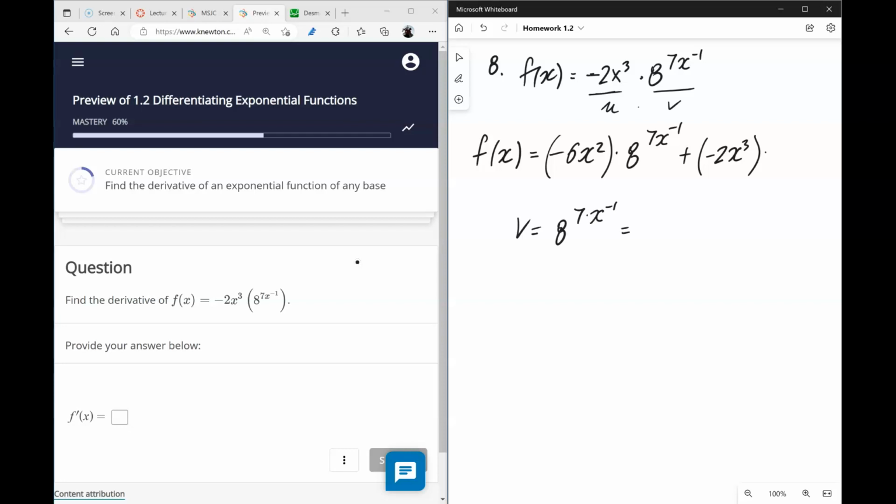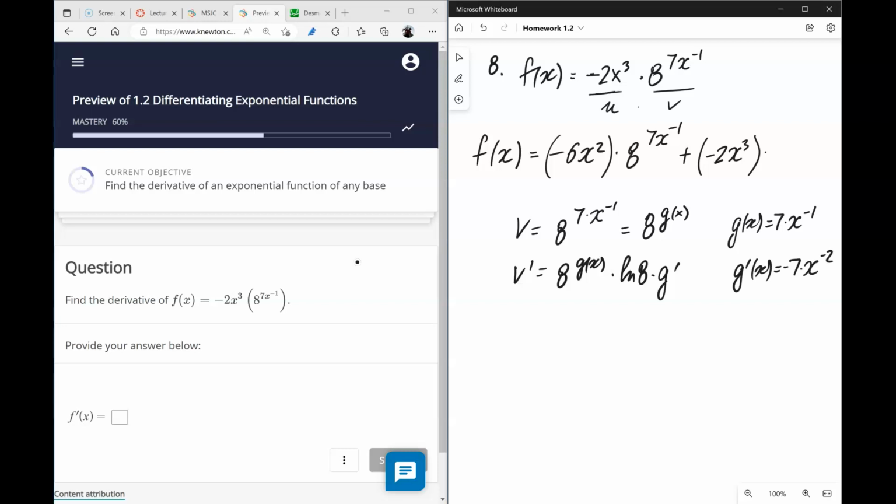I'm going to recognize that here I have a to some power g of x. So derivative of v will be 8 to that power times ln 8 times g prime. And since g is 7 times x to the power negative 1, g prime will be negative 7x to the negative 2.